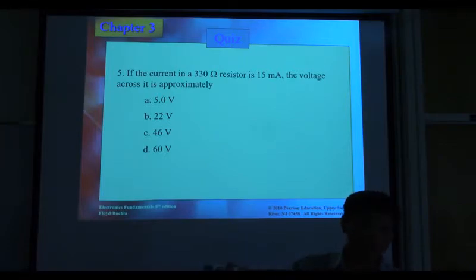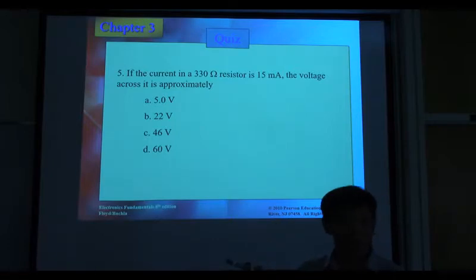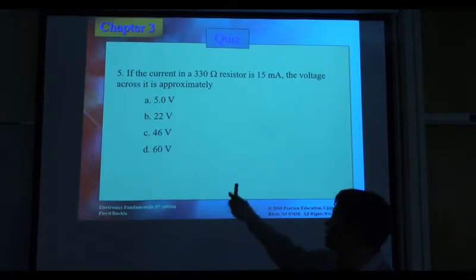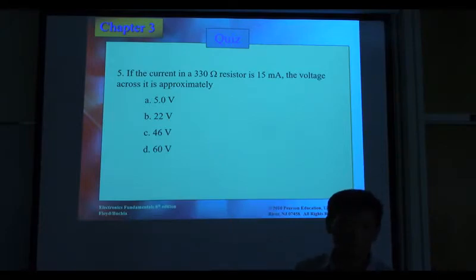So the K multiplied by the milli, they cancel each other. Make sense? So the number is 0.33 times 15. What is 0.33? It's 1/3, right? So 1/3 times 15. That's 15 divided by 3, so it equals 5.